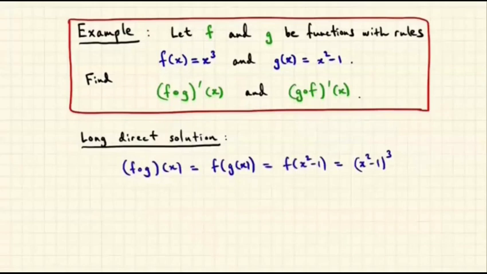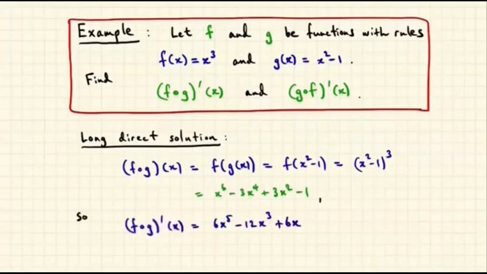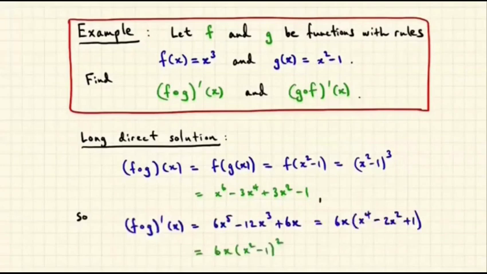We can expand that out and then differentiate. And with some algebra, we'll get exactly what we got from the chain rule. And we can do the same for the composite of g and f, and then find the derivative.